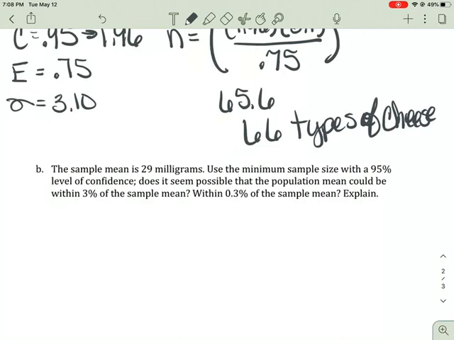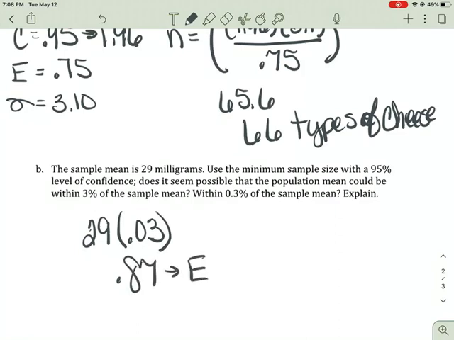Okay, so let's try another one. The sample mean is 29 milligrams. Use the minimum sample size with a 95% confidence level. Does it seem possible that the population mean could be within 3% of the sample mean? Within 0.3% of the sample mean? All right, so we have 29 milligrams, 3%, so 0.03. So let's see what that would be.